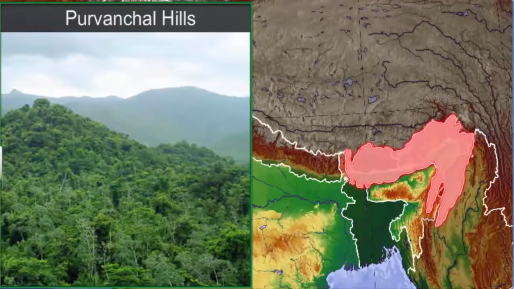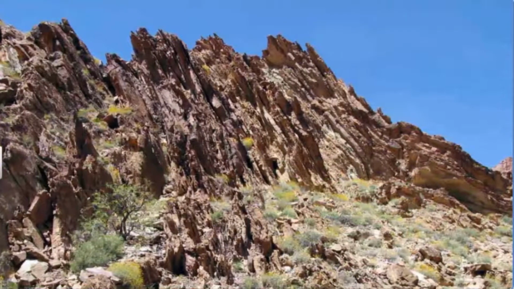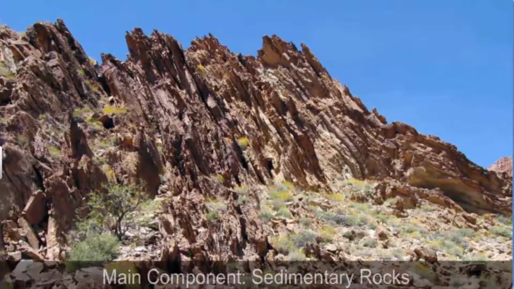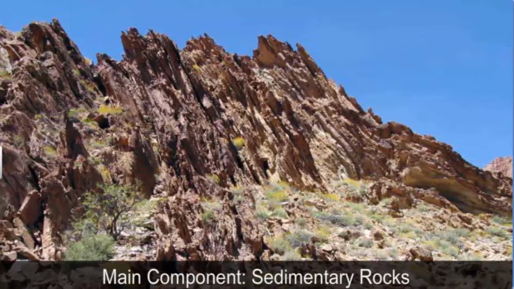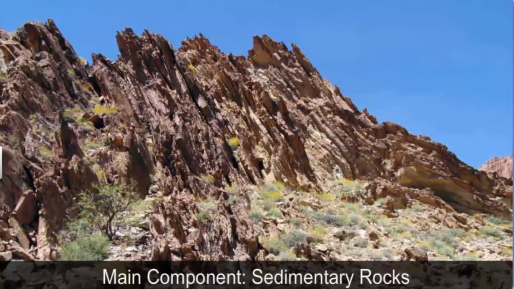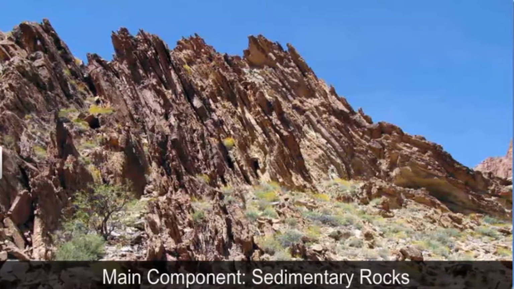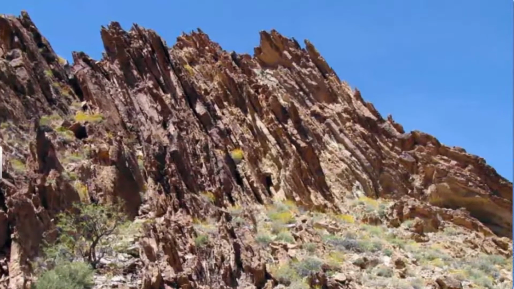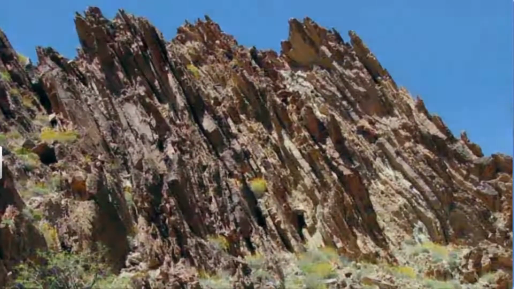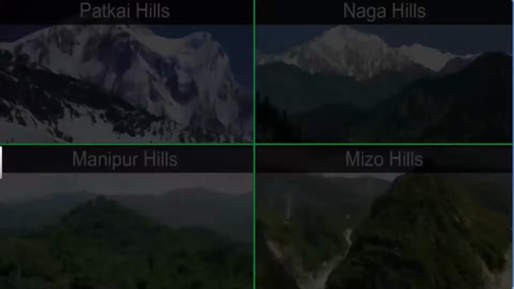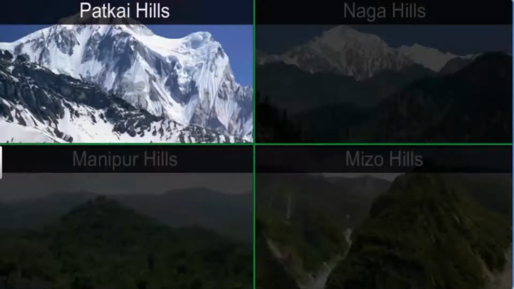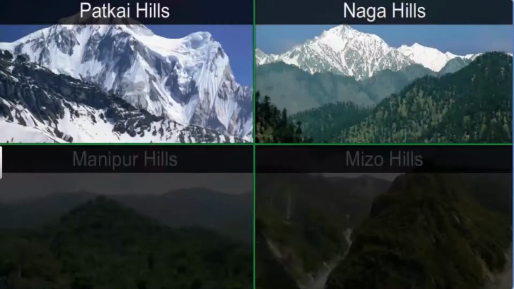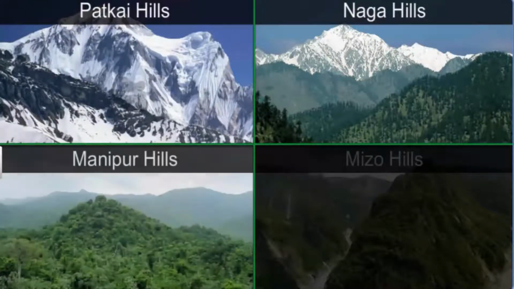Strong sandstone, a type of sedimentary rock, is the main component of these mountains. Let's take a closer look at the Puravanchal range. The Puravanchal range is made up of the Patkai Hills, the Naga Hills, the Manipur Hills, and the Mizo Hills.